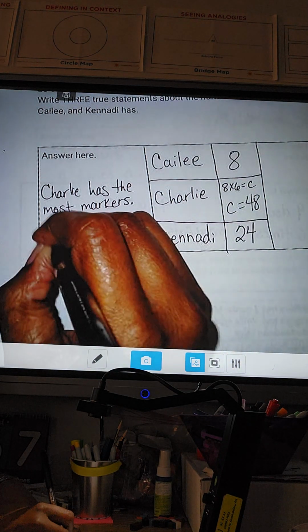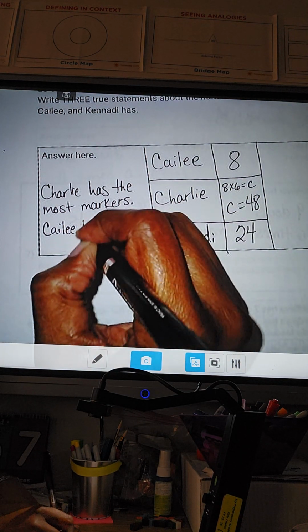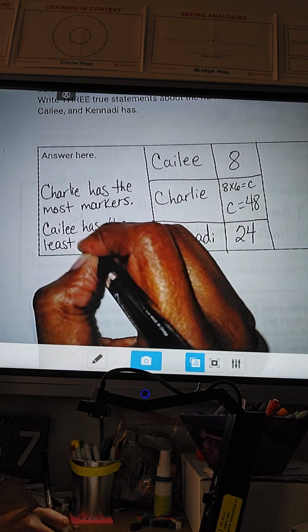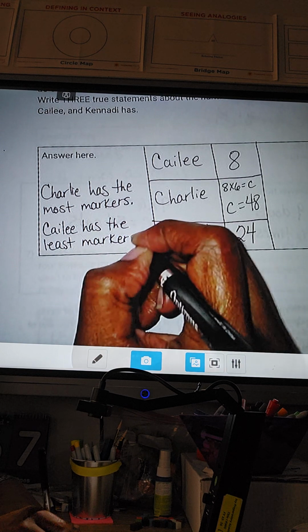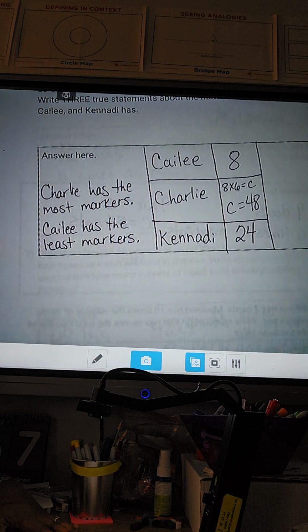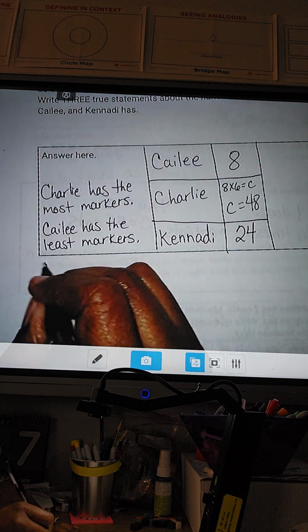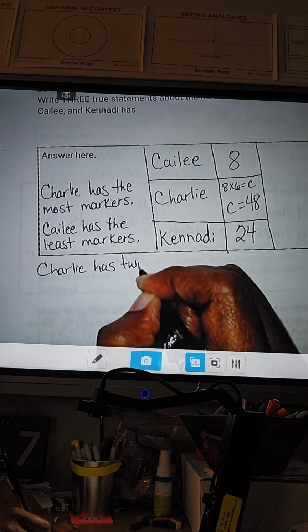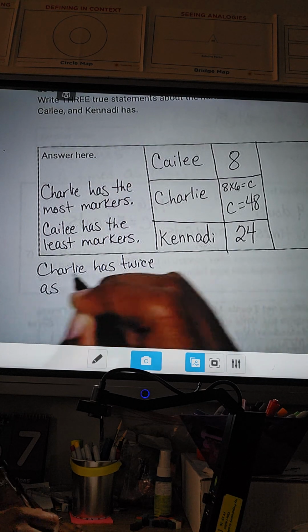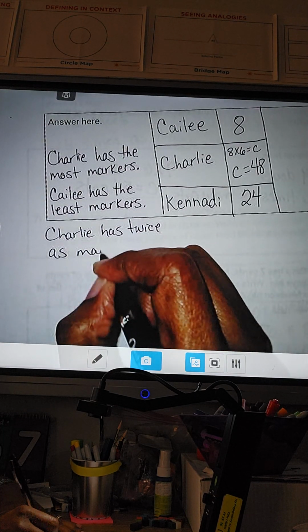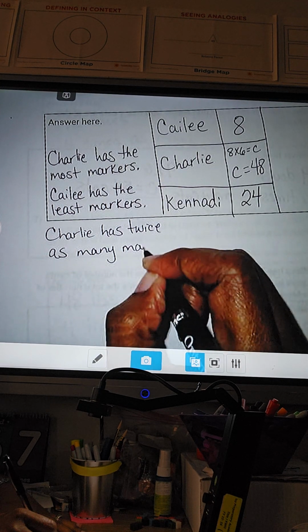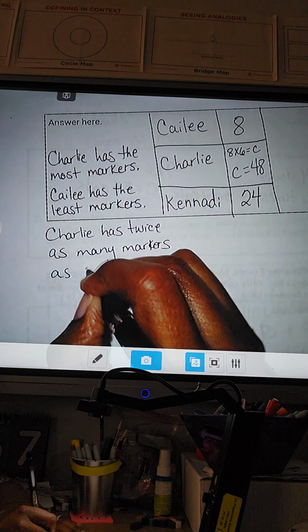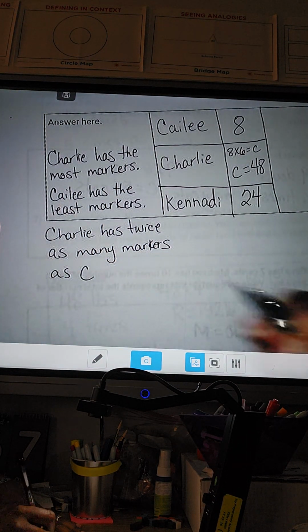We can say Kylie has the least markers. We could say that Charlie has twice as many markers as Kennedy.